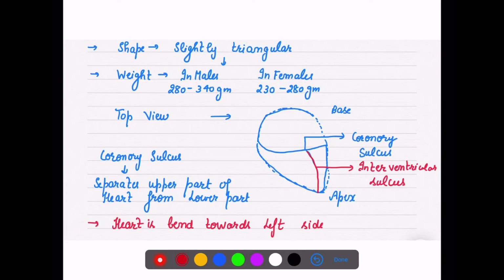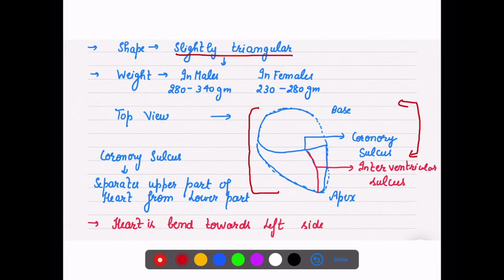Shape: I always tell my students, there are many kinds of diagrams you will find in different books, but please don't draw the diagram of heart straight. It is always slightly triangular. As you can see, I have also tried and made it a little triangular.